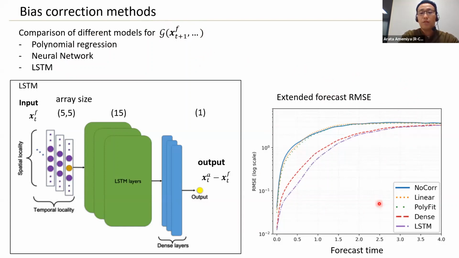This panel shows the average RMSE of extended forecast as a function of forecast time. The extended forecast with the bias corrected forecast model with dense neural networks or LSTM produced much better accuracy compared with the case with polynomial fitting or linear regression.